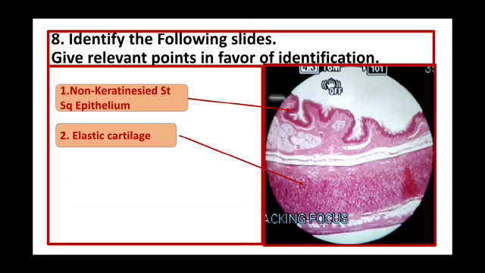So it is lined by the non-keratinized stratified squamous epithelium. Even mucous glands are present, and apart from that, it contains a cartilage. So this cartilage is elastic cartilage. So try to identify the given slide.